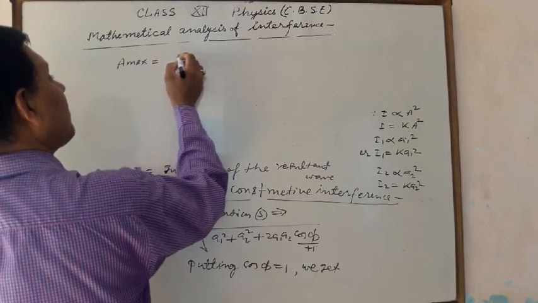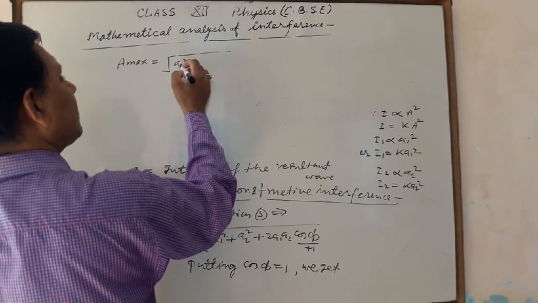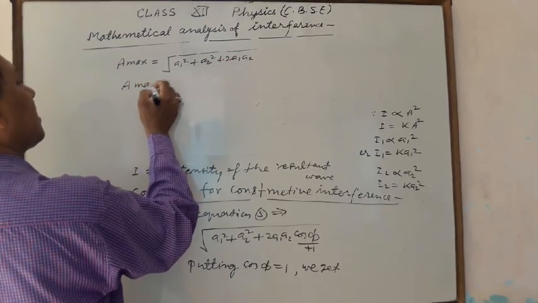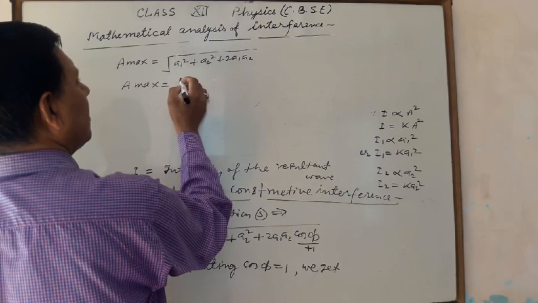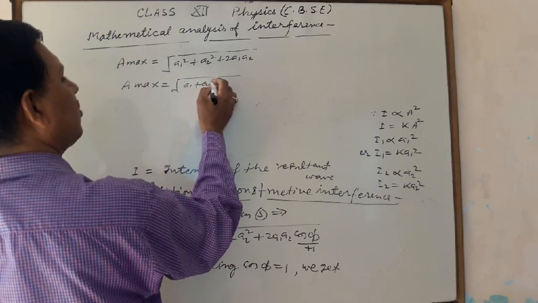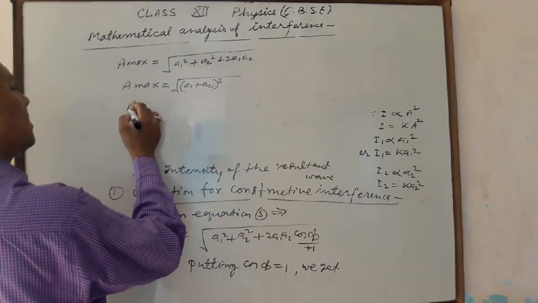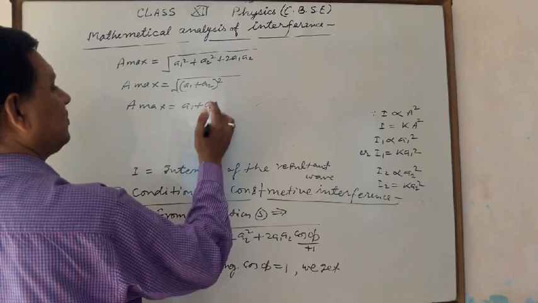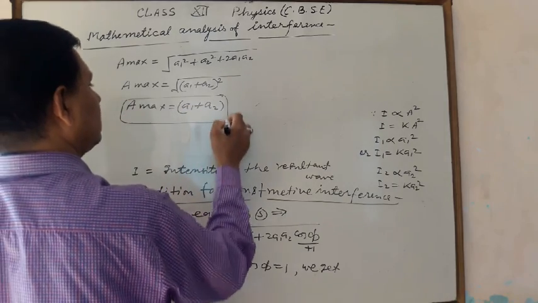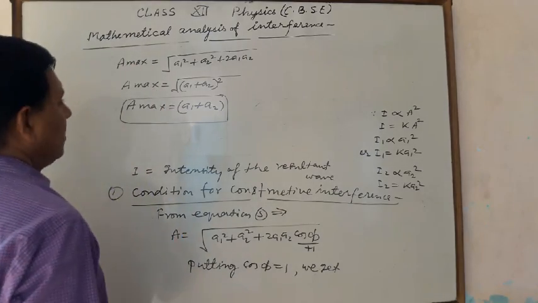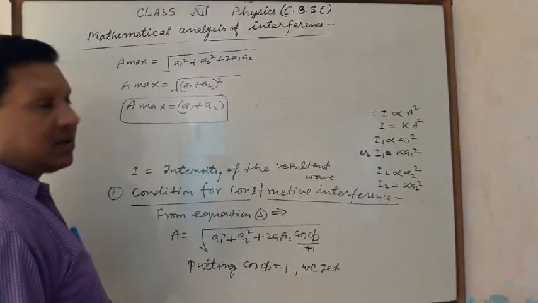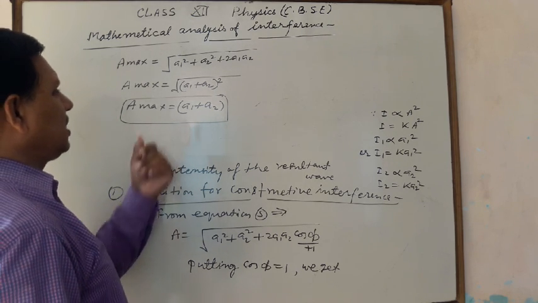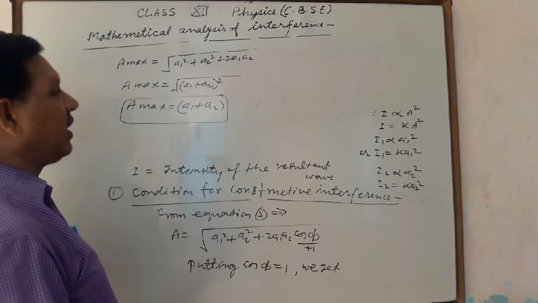That is, A maximum is equal to under root A1 square plus A2 square plus 2A1 A2, and this can also be written as under root (A1 plus A2) whole square, so A maximum is equal to A1 plus A2. So when cos phi is equal to plus 1, the amplitude of the resultant wave becomes maximum, and its value is equal to the sum of the amplitudes of both waves.